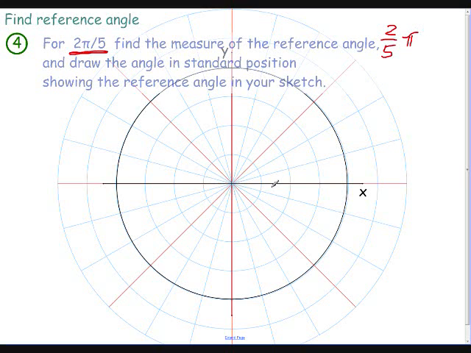And I know pi is a semicircle. So 1/5 of pi would take me to here, wouldn't it? Is that true? No, it's not.